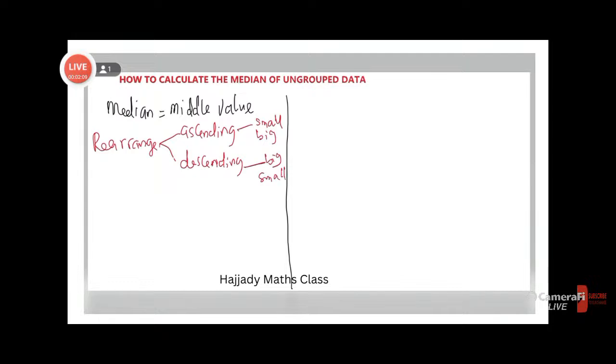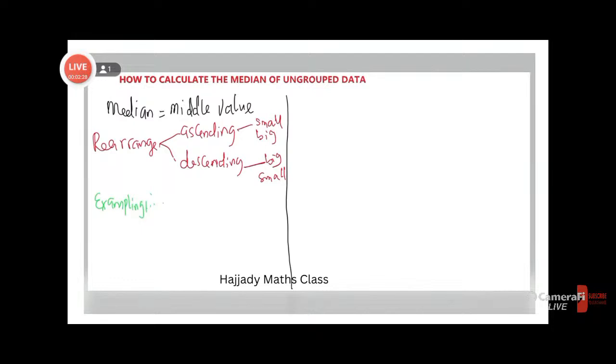Now let's consider our example 1. In our example 1, we are given the following data set, and we are expected to find the median. Don't forget, another name for median is the middle value.